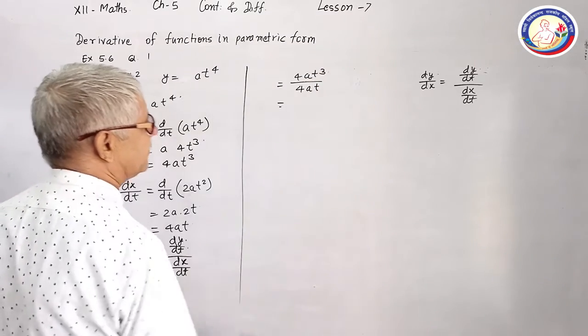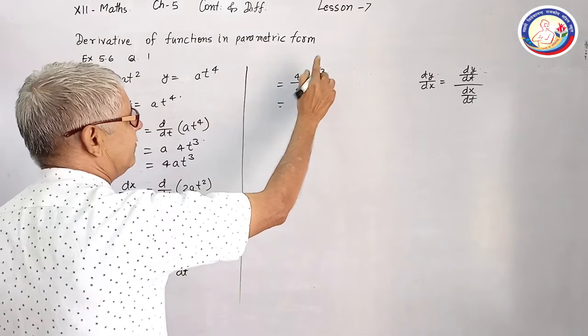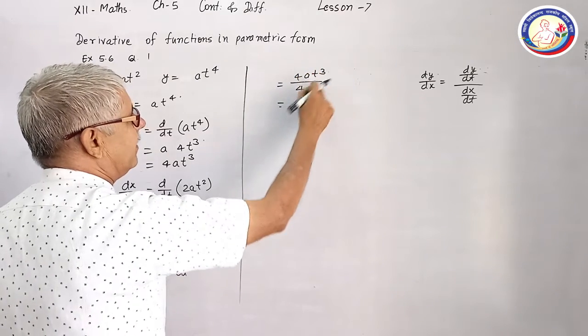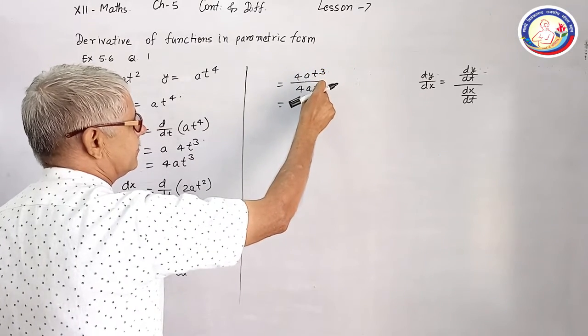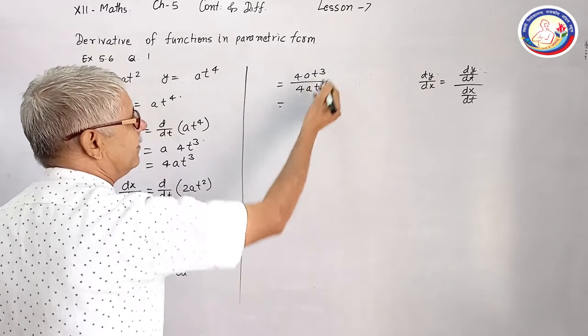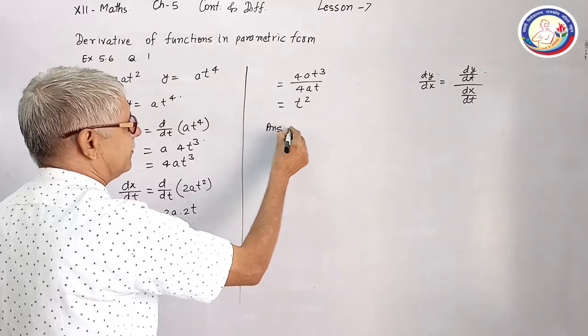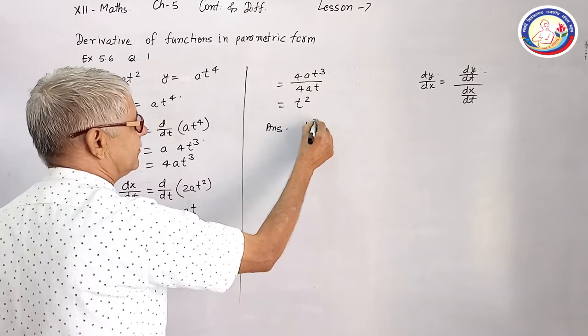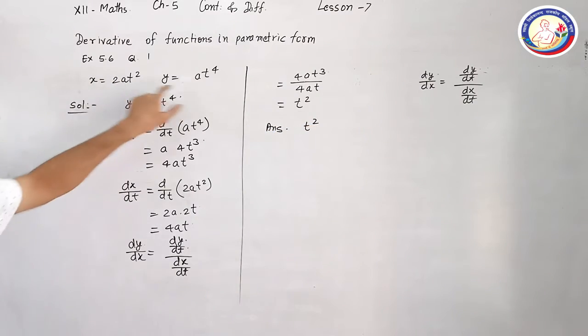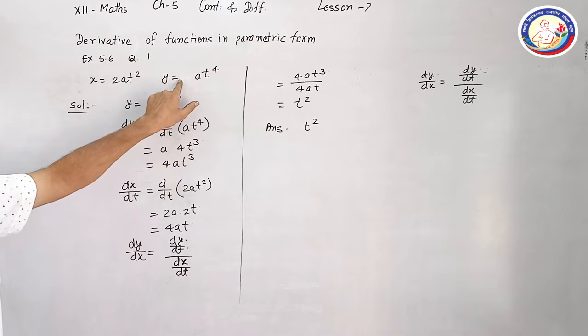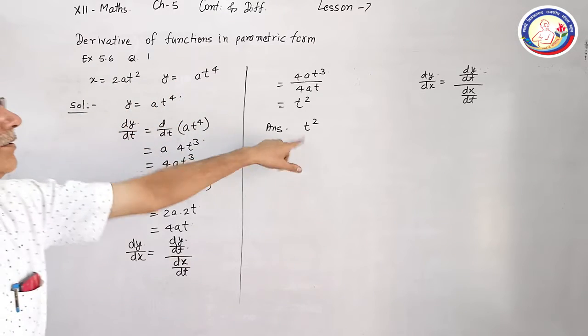So after cancellation or simplification, we shall have 4a cancels 4a and t cube cancels with t, we will have t square only. So this is the answer: t square. The derivative of this parametric function is t square.